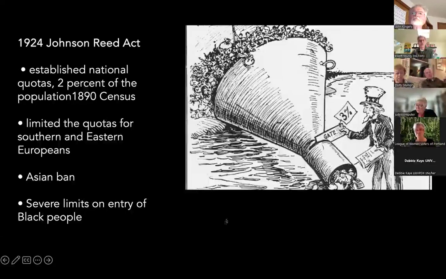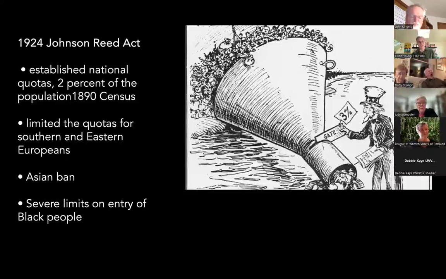Okay, so if we move then to the first major immigration restriction after Chinese exclusion, it was in the 1920s, the 1924 Johnson-Reed Act. This is the act that established national quotas based on 2% of the population in the country in 1890. The 1890 date was chosen because they wanted to limit the quotas for Southern and Eastern Europeans. It was basically selecting for Northern and Western Europeans.